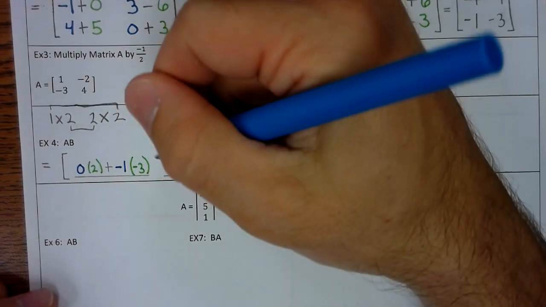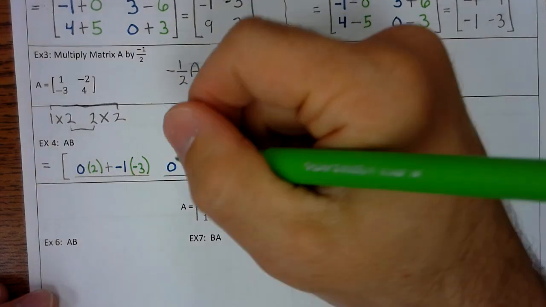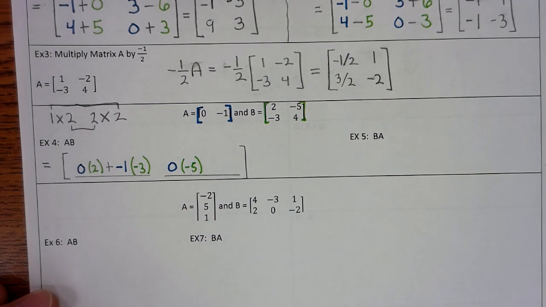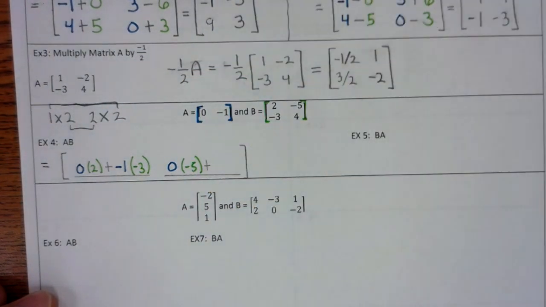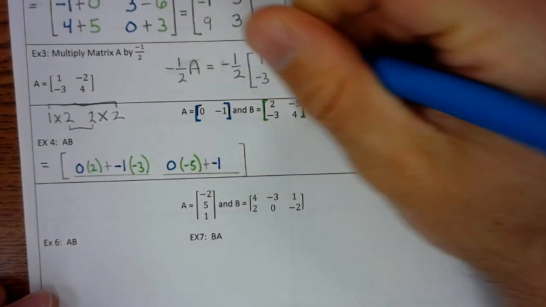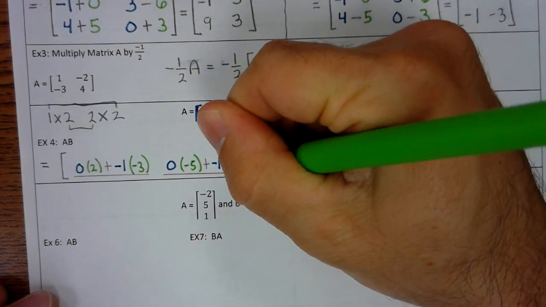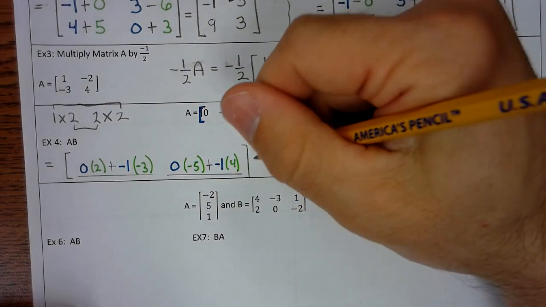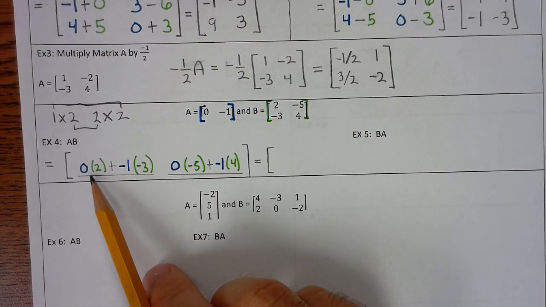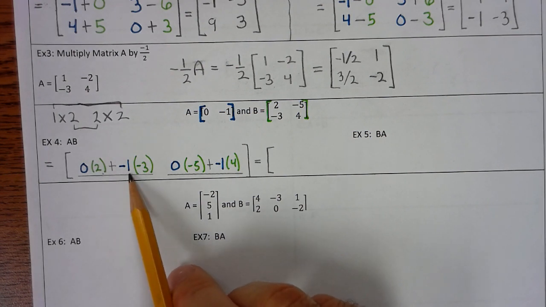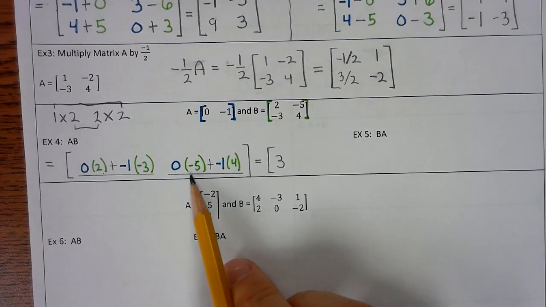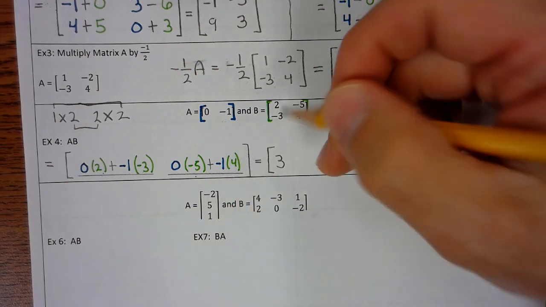And then I'm going to have 0 times negative 5 plus negative 1 times 4. So that equals, well, 0 times 2 is 0. Negative 1 times negative 3 is plus 3. So 0 plus 3 is 3. And then that's 0 plus negative 1 times 4 is negative 4.